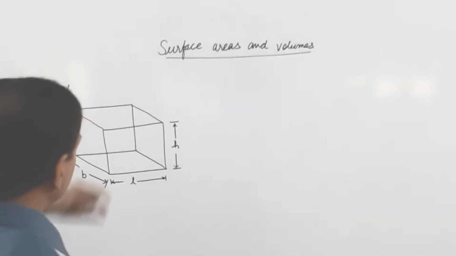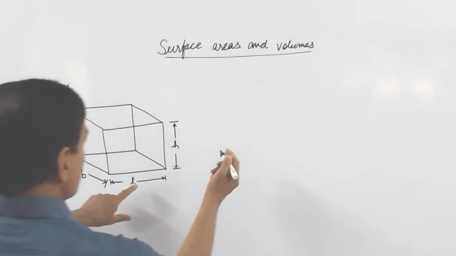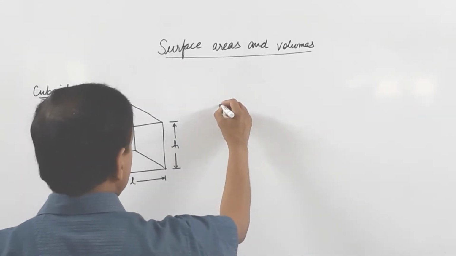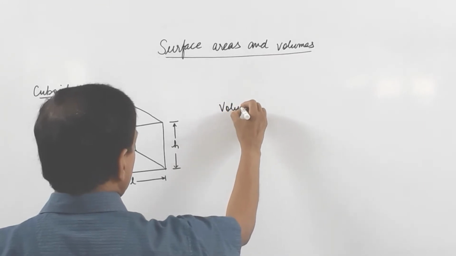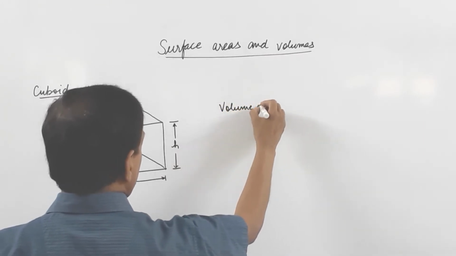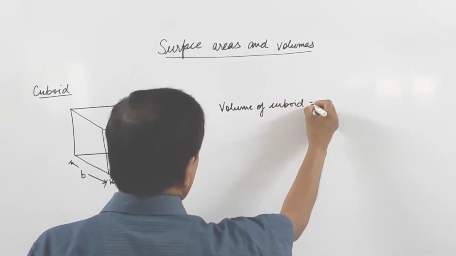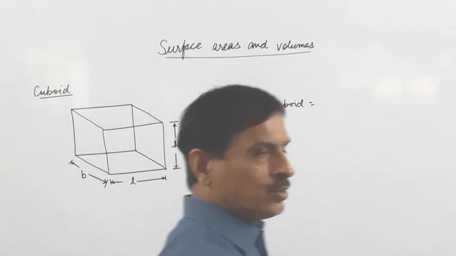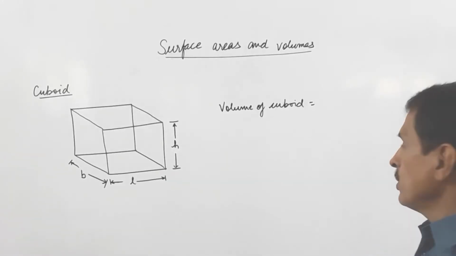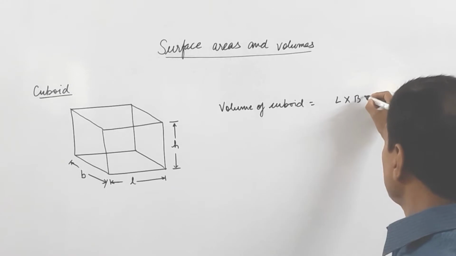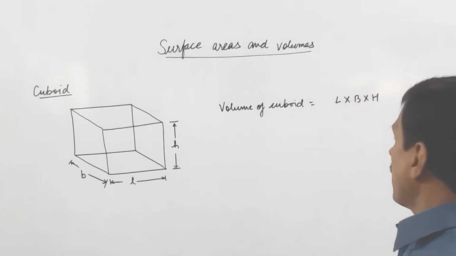In case of cuboid, first we discuss the volume. Volume of cuboid is equal to length into breadth into height, that is L into B into height.